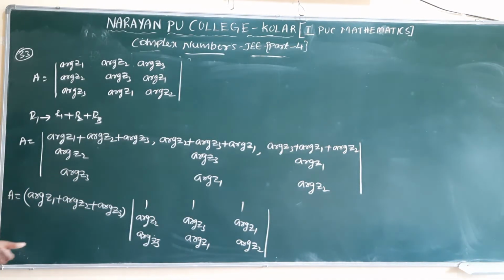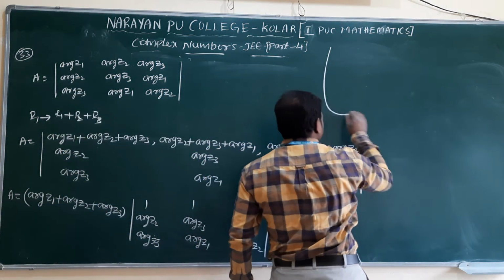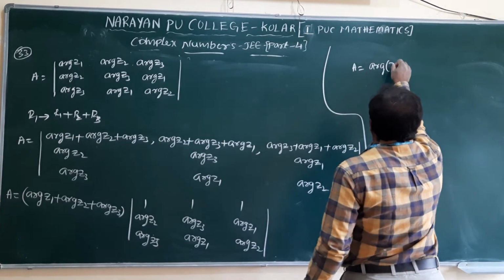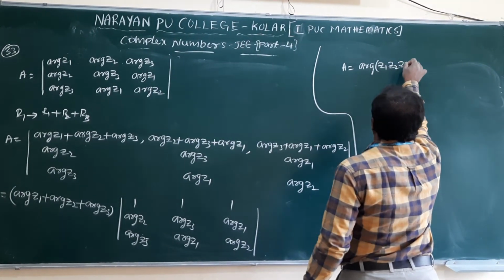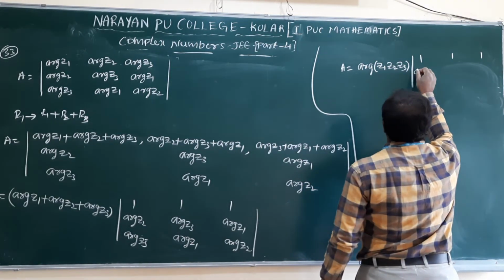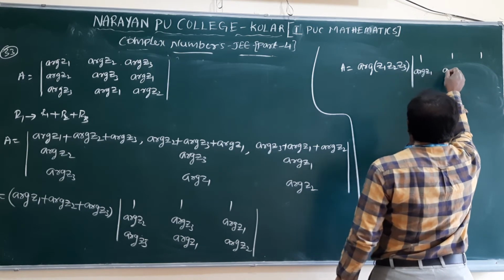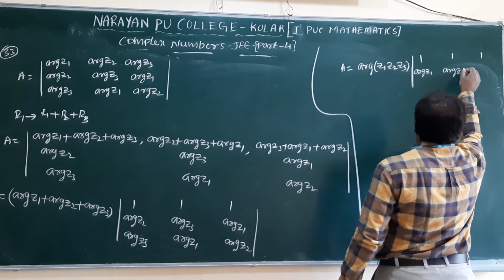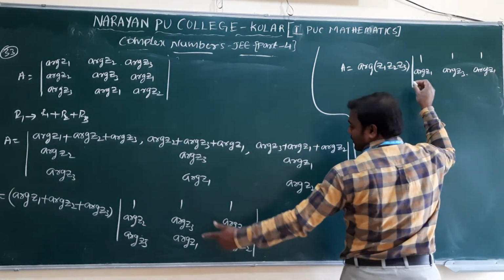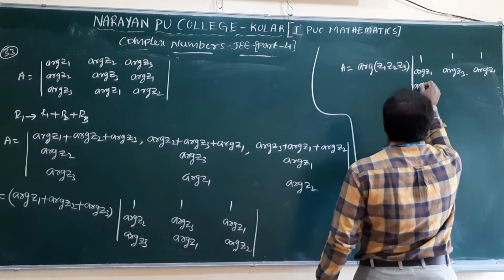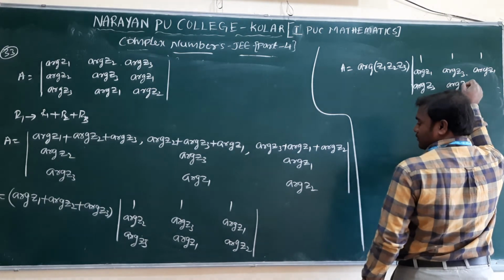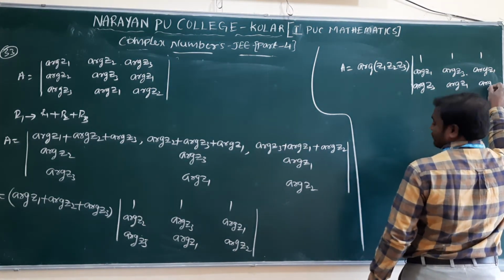Properties of the arguments: we know that it can be written as A is equal to the determinant with rows argument of Z1, Z2, Z3, 1, and so on.